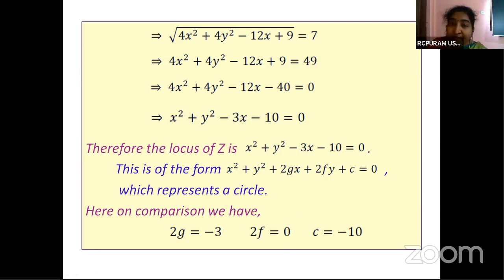We know the center of the circle will be represented with minus g comma minus f, isn't it? So the center of the circle, minus g, minus f, will be taken as 3 by 2 comma 0. Your 2g value is minus 3, children. So g will be minus 3 by 2, but you should take minus g. So it is minus of minus 3 by 2, which is 3 by 2 comma 0.